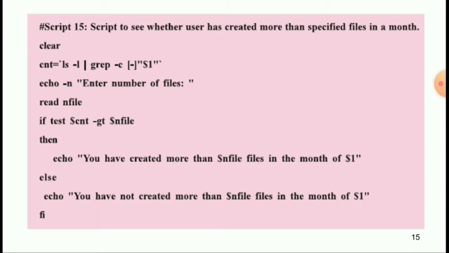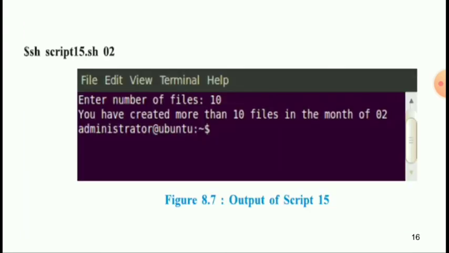So figure 8.7 shows the output of the scripting when we issue the command shown below on the command prompt: sh script15.sh 02, that means the month of February.